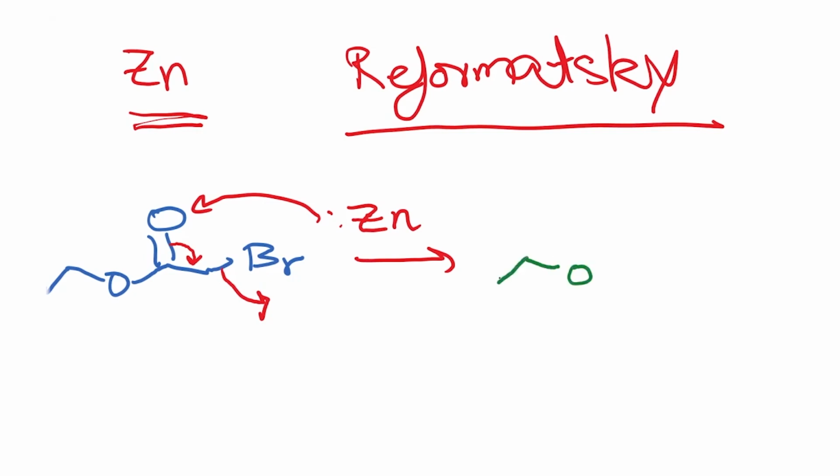The product of this first step is a new bond between oxygen and zinc, and this carbon-carbon double bond now becomes a single bond, and this carbon-carbon bond, which used to be a single bond, now becomes a double bond, and Br minus is kicked out. So this is nothing but a zinc enolate.